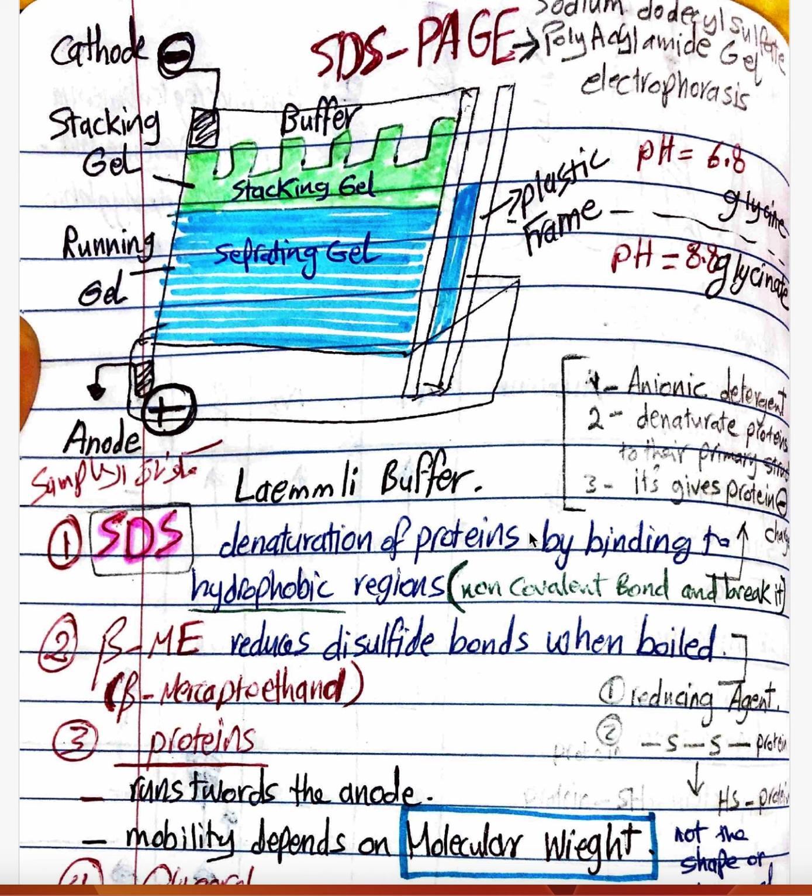So SDS plus beta mercaptoethanol make proteins negatively charged. They all carry the same negative charge, and are also unfolded.